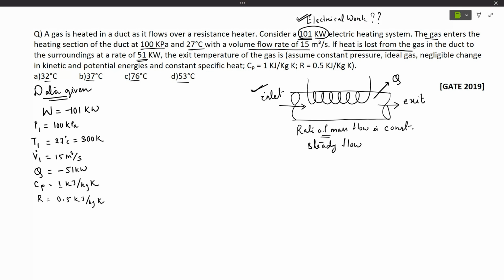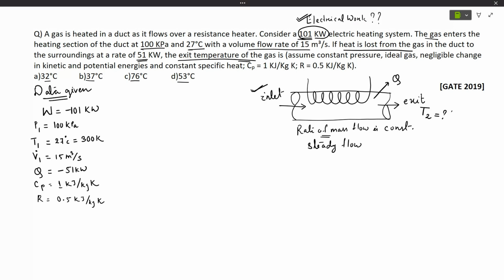Next, we will see what we have to calculate for this question. It is mentioned that the exit temperature of the gas, which means we have to find the temperature with which the gas leaves this duct. This temperature is considered to be T2.